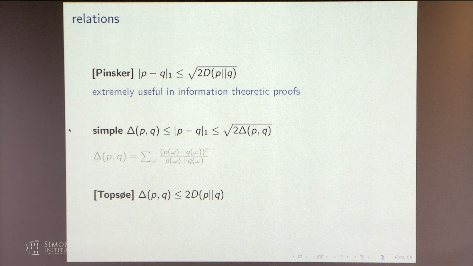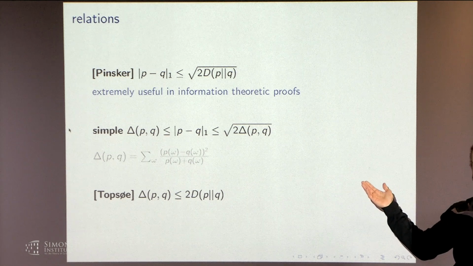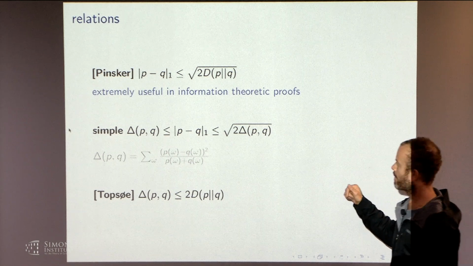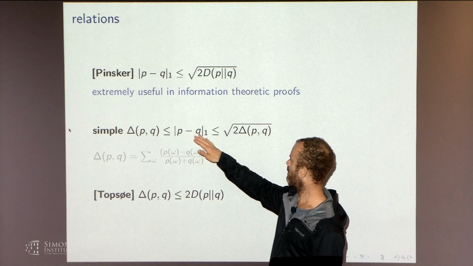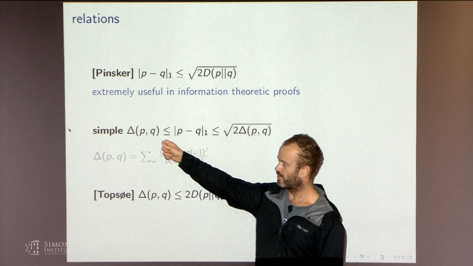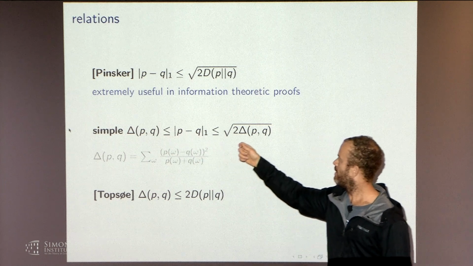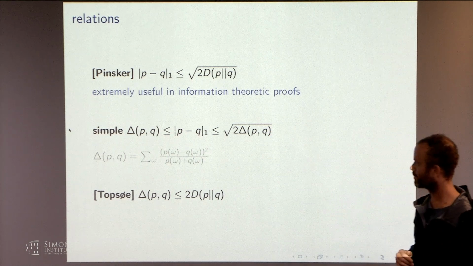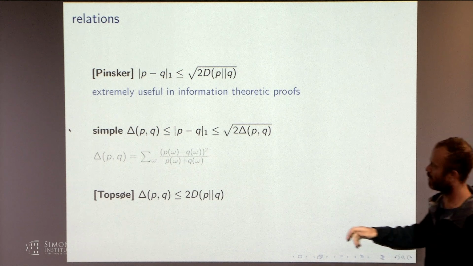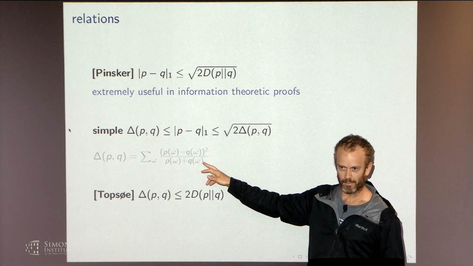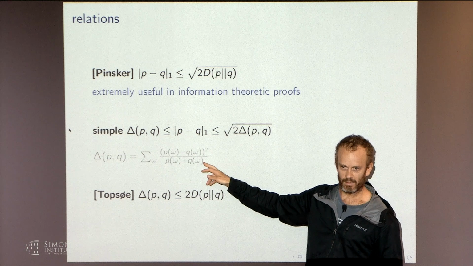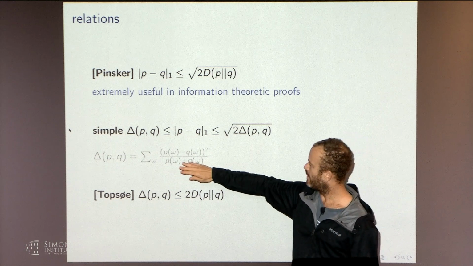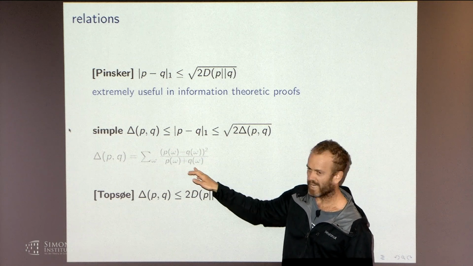So now I want to tell you about this triangular discrimination. It is almost L1 in the sense that it is smaller than L1 and not much larger than L1, as in Pinsker. And here I wrote delta again in a clearer way. It's like L2, but we divide by the sum.